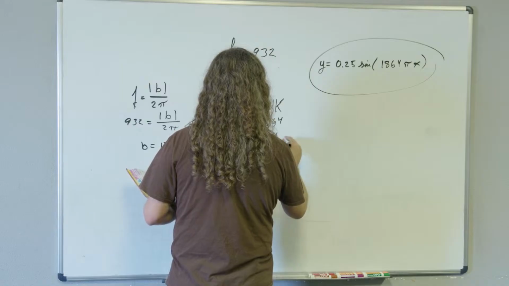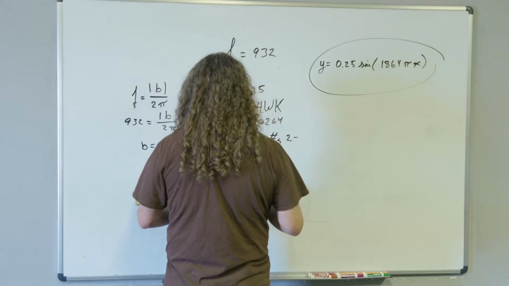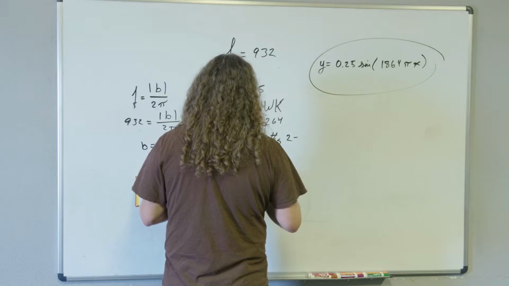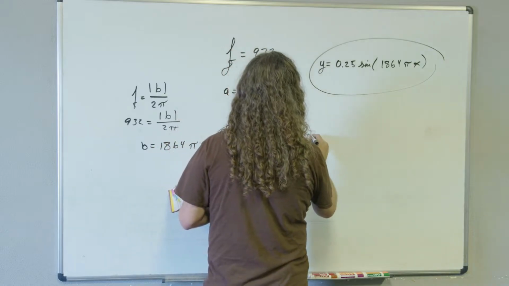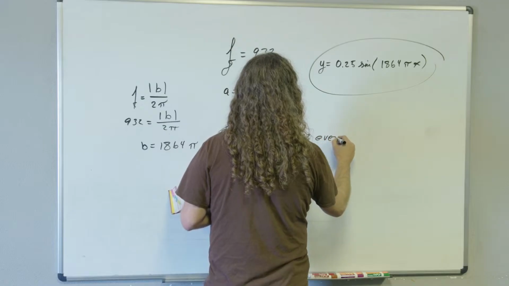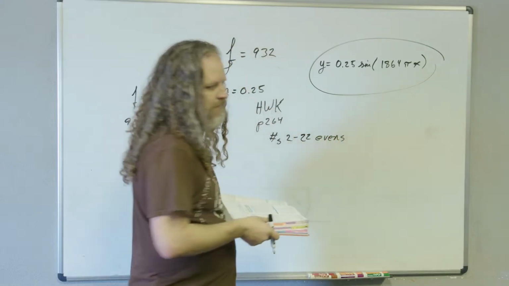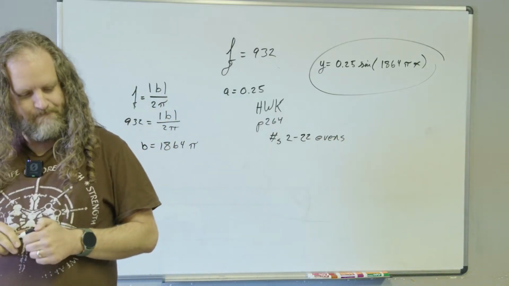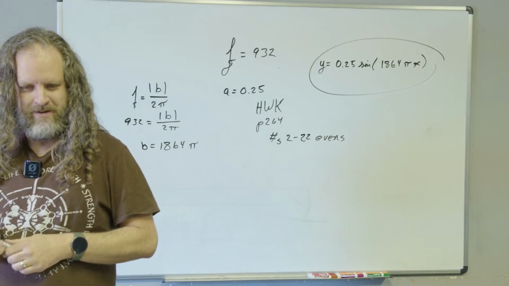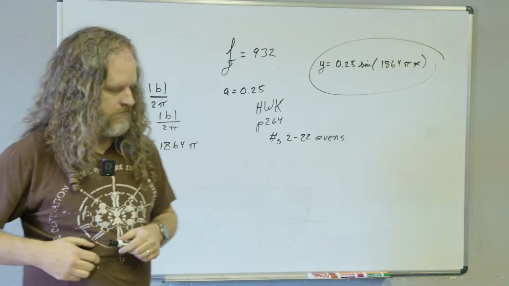Numbers 2 through 22 evens. That's not bad, considering we had to go through like 62 and then 58, 48 last time.